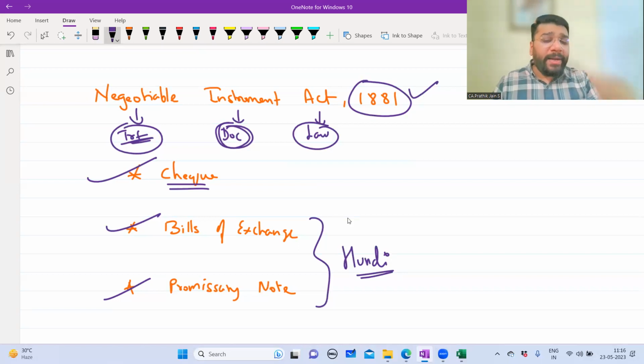Now here, what happened is that in the Negotiable Instruments Act, they said that if a check is dated today, if I prepare a check with today's date, the check is valid for 3 months only.